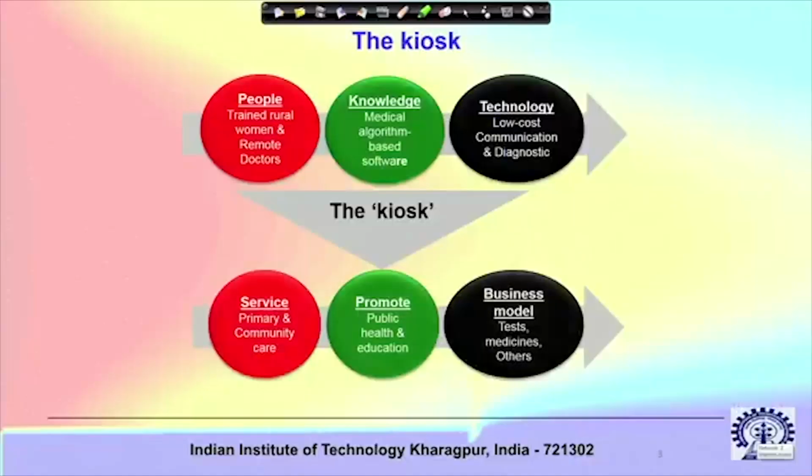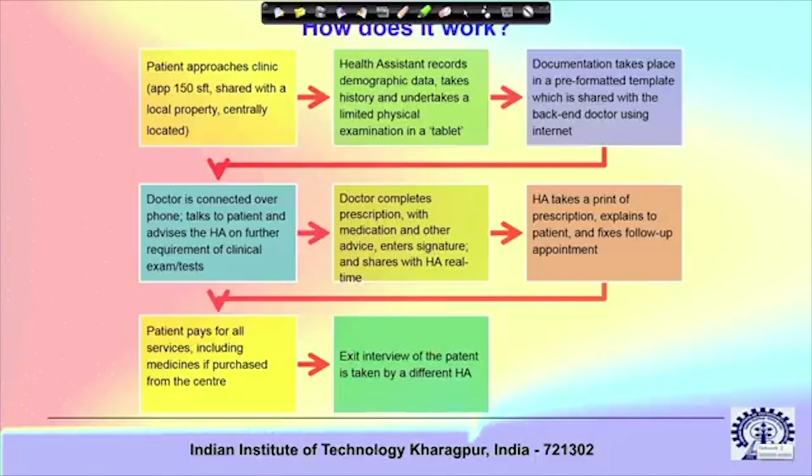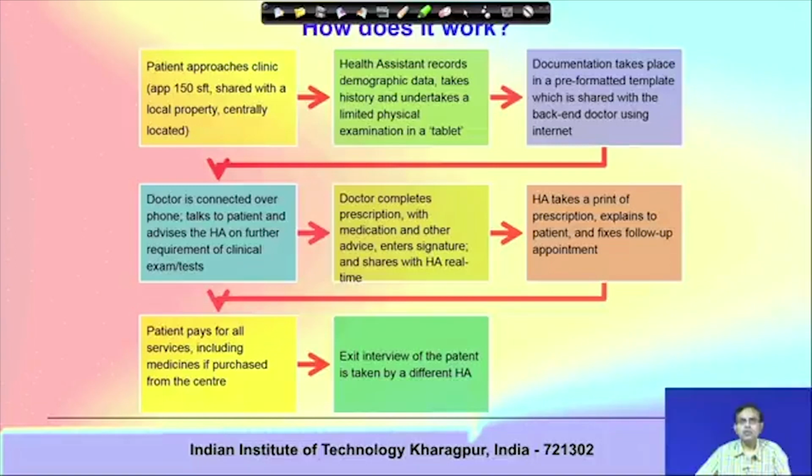So, essentially they have set up some small health kiosks. These health kiosks are basically small centers where the service is primary and community care. The objective is to promote public health and education and also develop a business model for tests, medicines and others. So, question is, how does this work? The patient approaches a clinic which is approximately 150 square feet shared in a local property which is centrally located in the village.